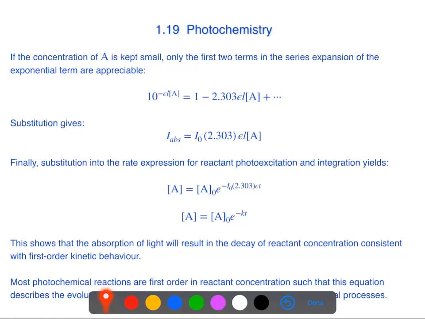And finally, if we substitute this expression into the rate expression for reactant photoexcitation and integrate, it yields the following.